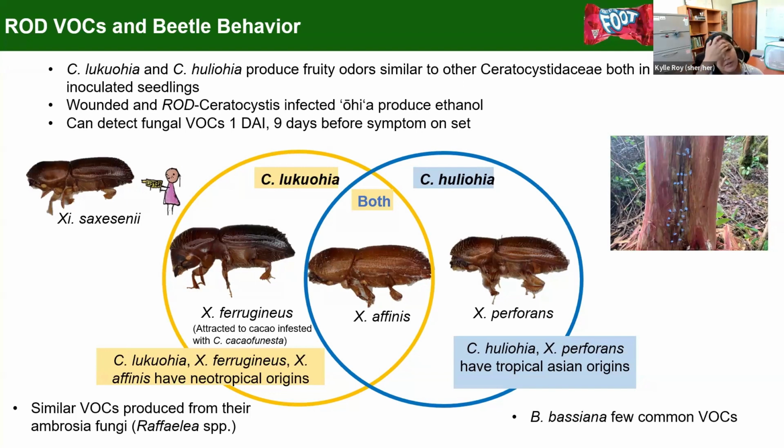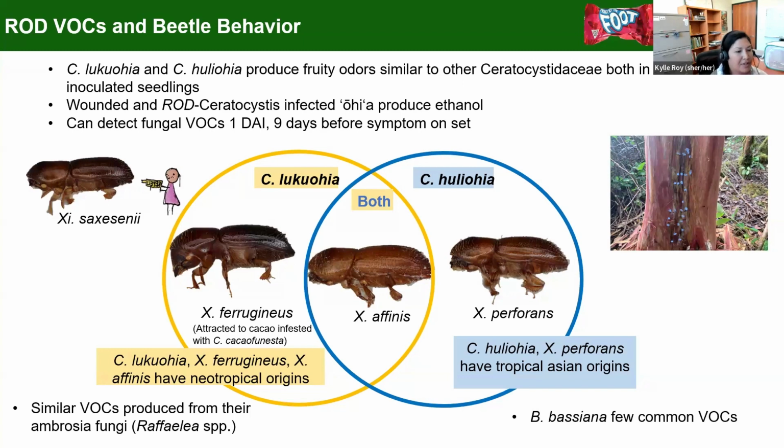We were also able to detect the fungal volatiles 1 day after inoculation, which was actually 9 days before there were any symptoms. Really, we didn't see any symptoms until about 21 days. This is pretty quick compared to what you'd expect to see in the field too. That's an example of a potential capability, once technology gets there, for early detection using volatiles.